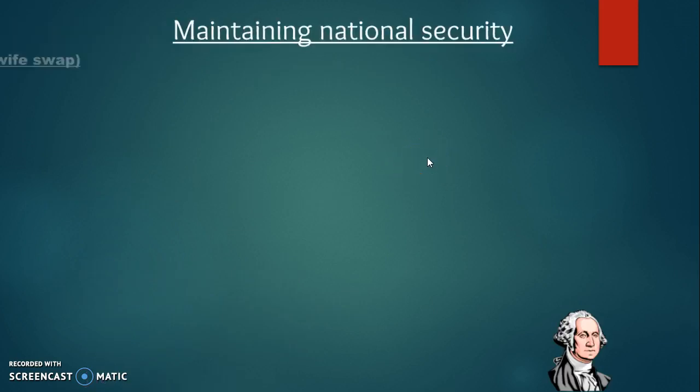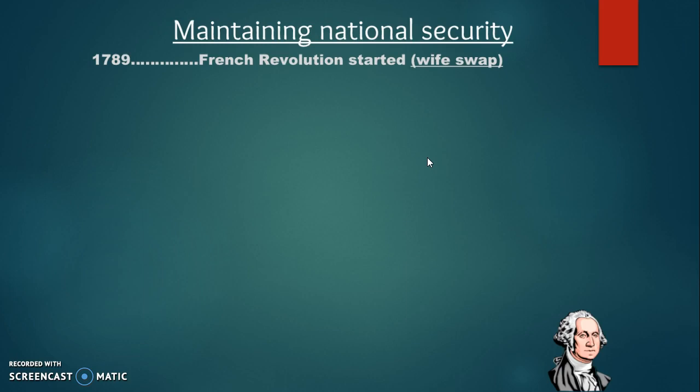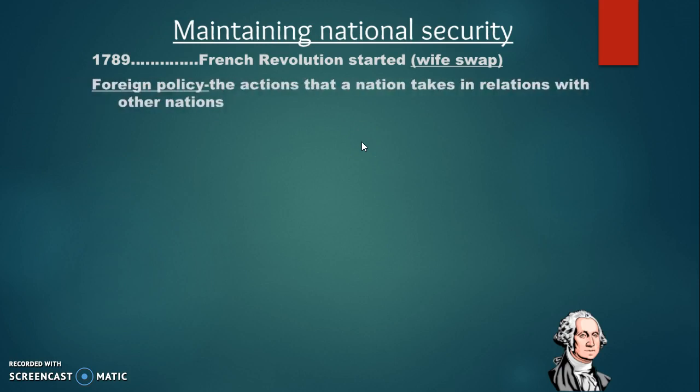Now, dealing with national security. Again, don't write anything down unless you see it in yellow. The French Revolution started in France, and they wanted our help. What were we going to do? We were in debt. They're revolting against their king and queen, but the revolution is quite, how should we say, violent.